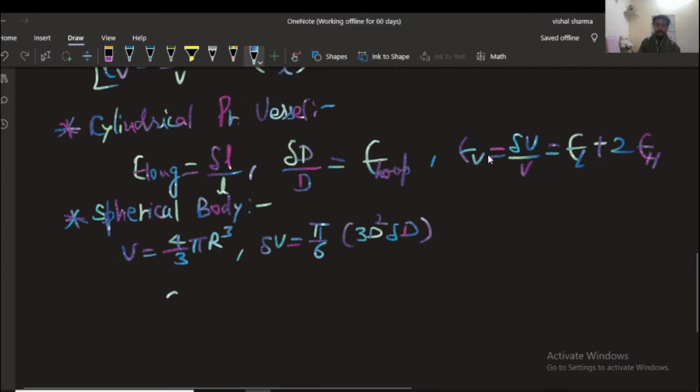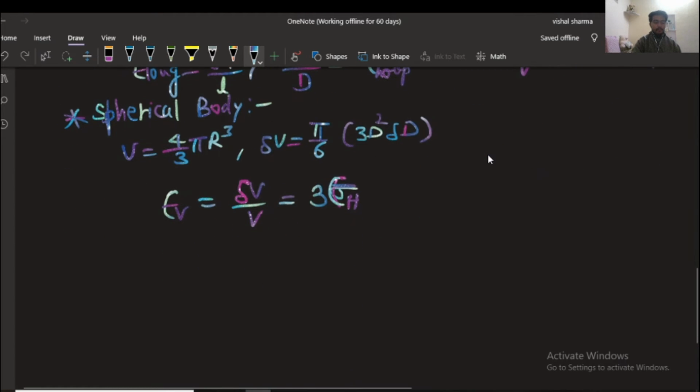So from here we can say that the volumetric strain in the case of the spherical body is given by del V by V, which equals 3 times the hoop strain. So we have considered all three cases: the cylinder, the sphere, and the rectangular block.